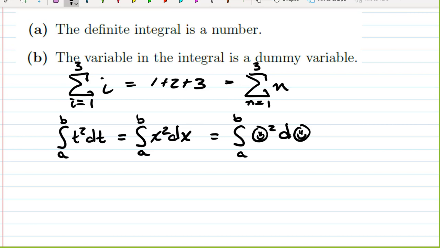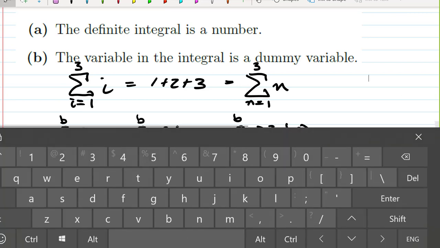So the symbol that we use to represent our variable of integration is irrelevant. We will get the same answer whether we use t, x, happy face, or any other symbol. It's just holding a place to help us recognize what variable we're integrating with respect to.